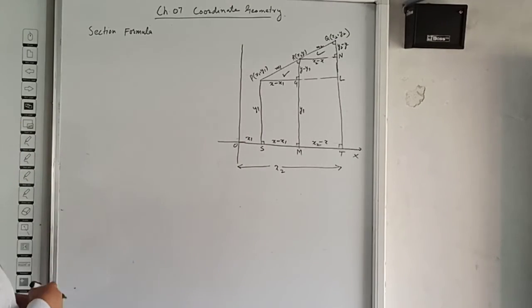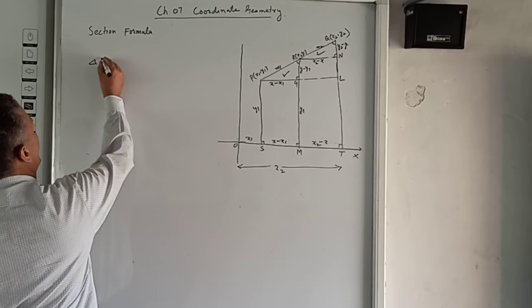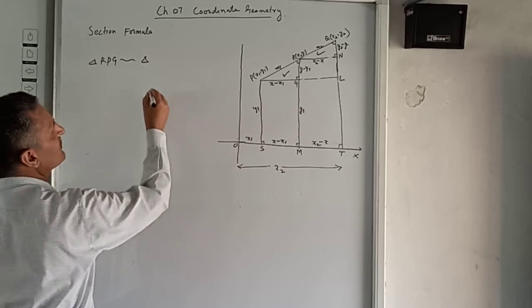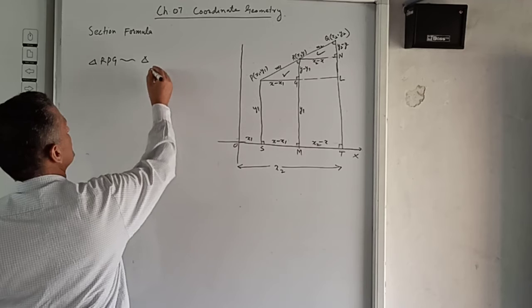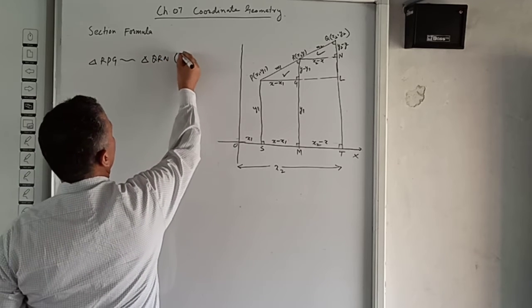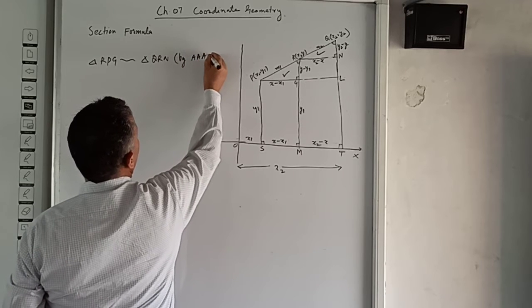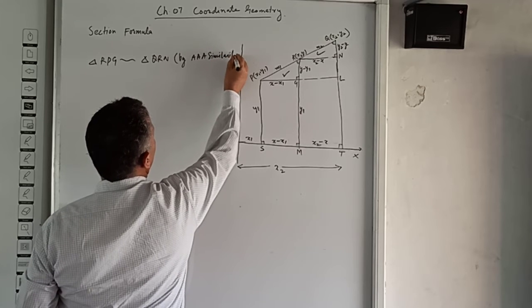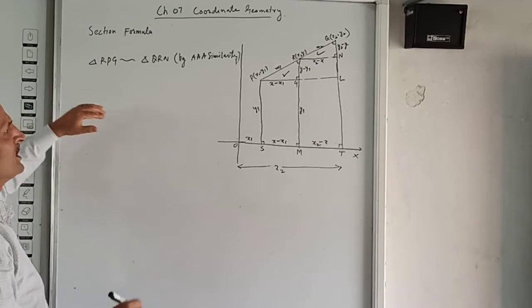I will write here triangle RPG is similar to triangle QRN. They are similar by AA or AAA similarity.